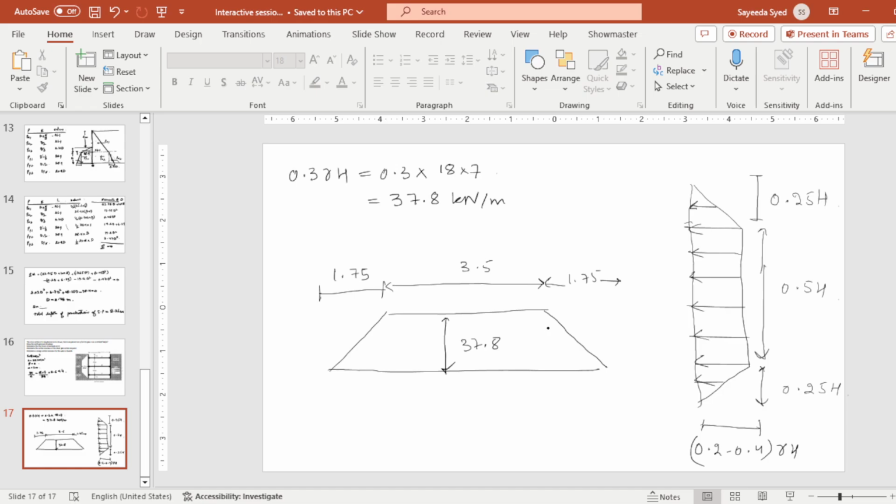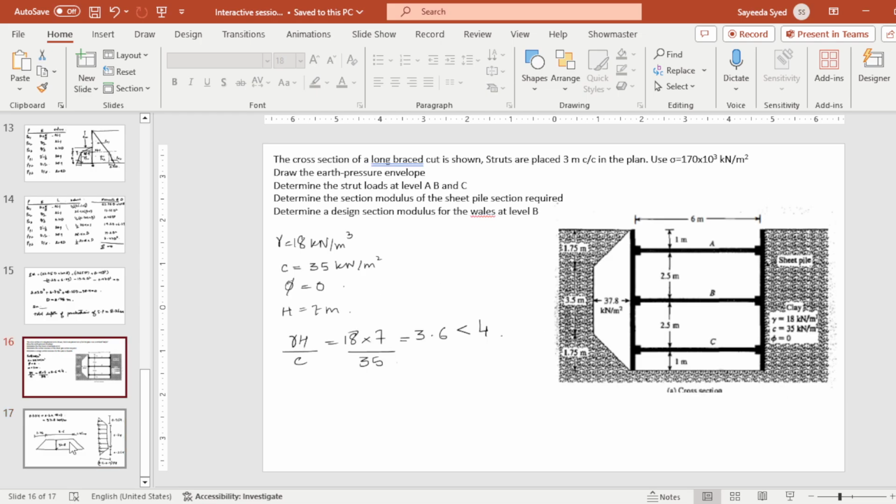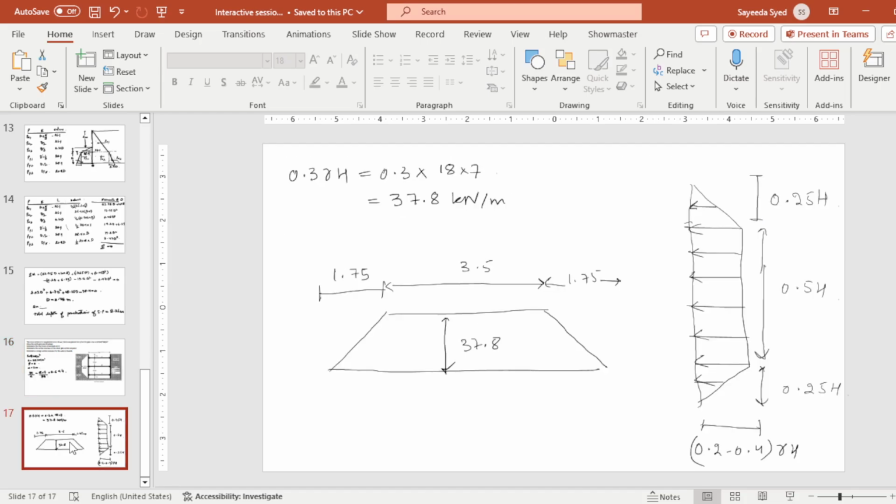A is at 1 meter, then 2.5, 2.5, 1. So we will have A somewhere here, 1.75. And then we will have B. This is 1 meter, this will be 2.5 meter. We will have B here.